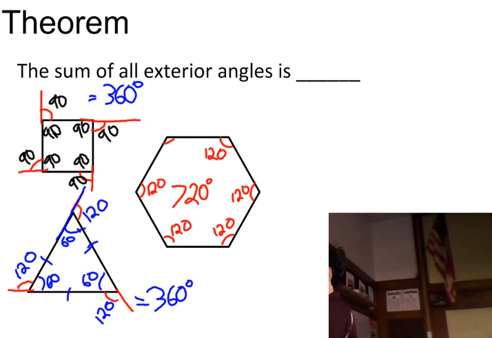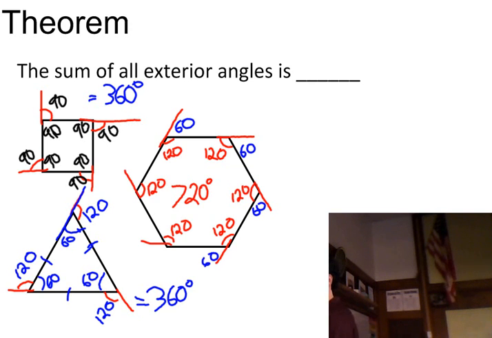So if all of these are 120 degrees, then what are all the exterior angles? Those must be the supplement of 120, and the supplement of 120, that's right, is 60. So these are all 60 degrees.